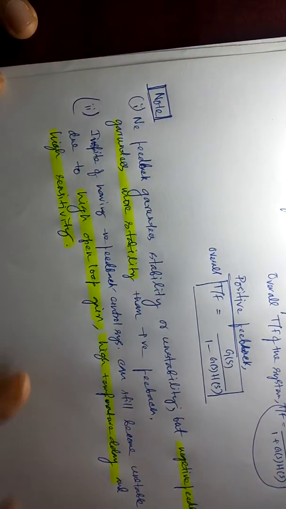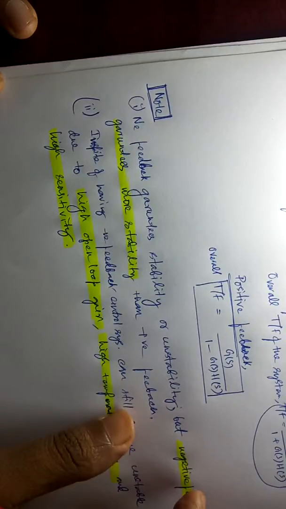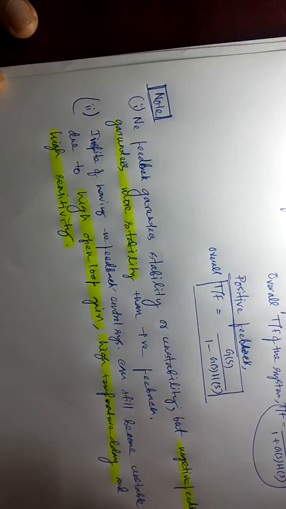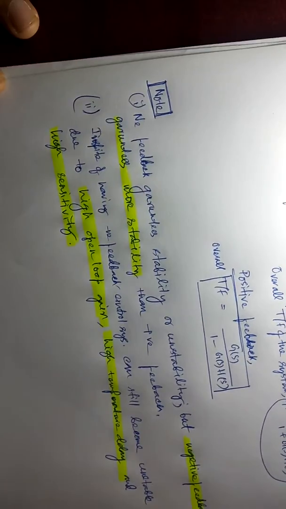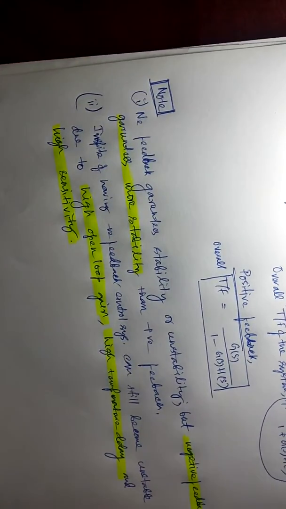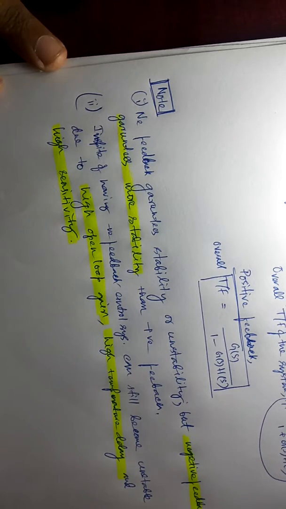Now, the last important discussion about negative feedback and positive feedback, I am going to show the difference between negative feedback and positive feedback in case of obviously closed loop system, in case of closed loop control system, and this chart will help you to remember all the points regarding negative feedback and positive feedback. I'm writing it here.